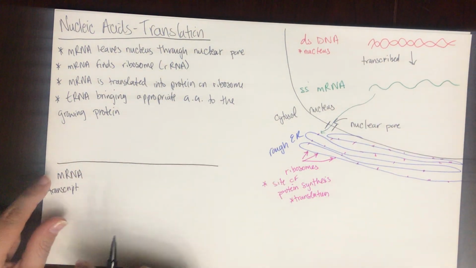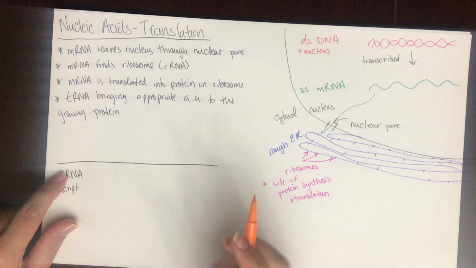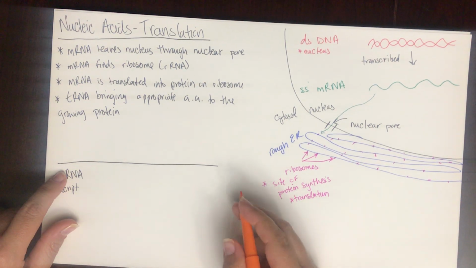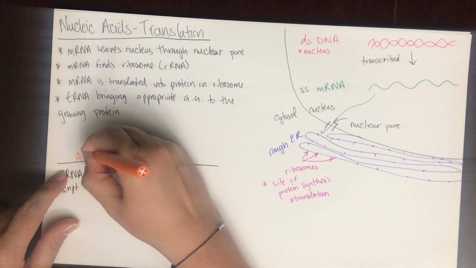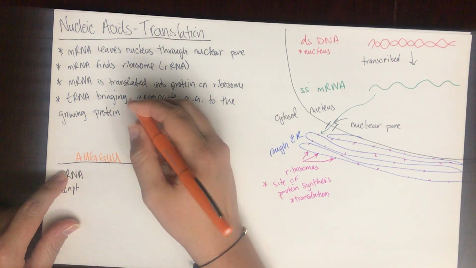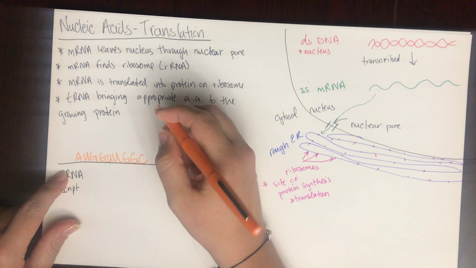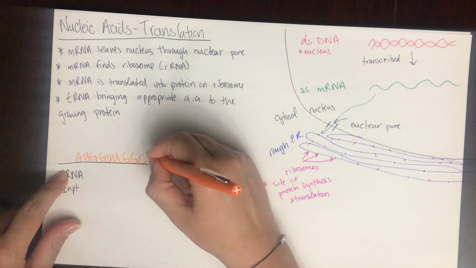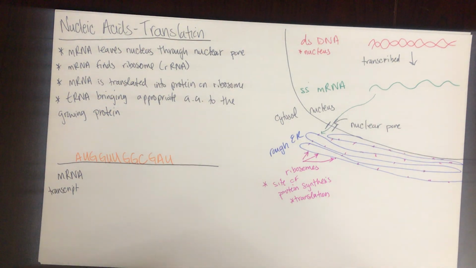Remember, it doesn't use T, thymine, it uses U, uracil. So here's my code: A, U, G, G, U, U, G, G, C, G, A, U. This is the beginning of the code that is also on slide 50.